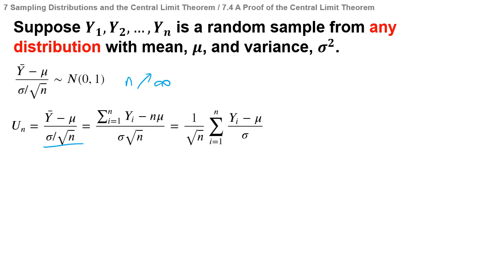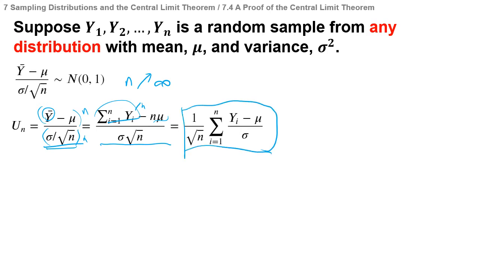Since Y bar is the sum of Yi divided by n, if you multiply n on each side, you can check this one is the same as this one, and if you put n mu inside the sum and sigma inside as well, you will find that this is also the same as Un.